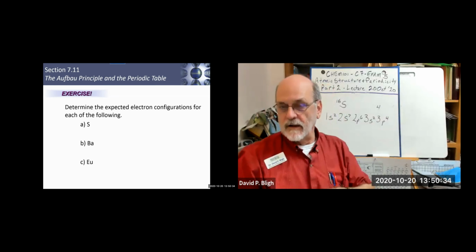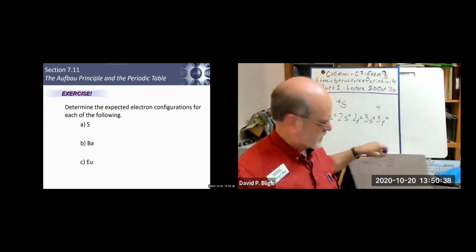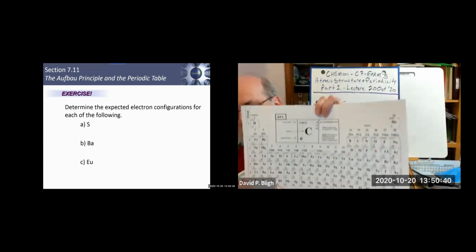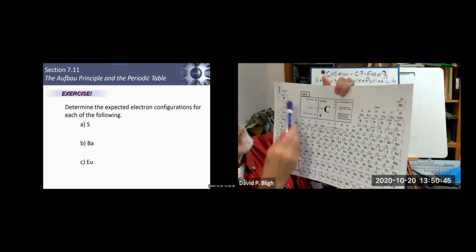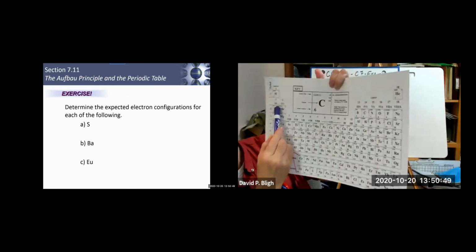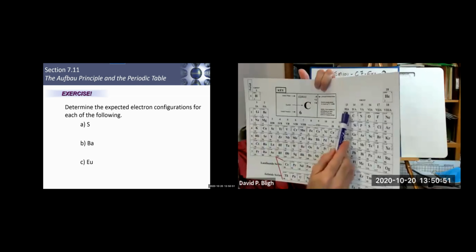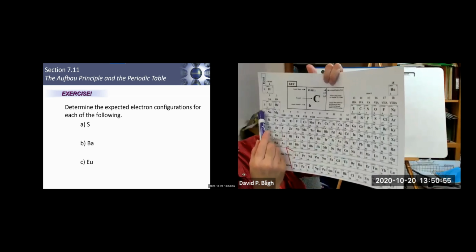All right. So if we look at the periodic table, let's see. Let me try it with this one. What have we filled so far? Well, if you just follow along, we filled the 1s. Then we went to 2s. Then we went to 2p, filled it up. Then we went to 3s.